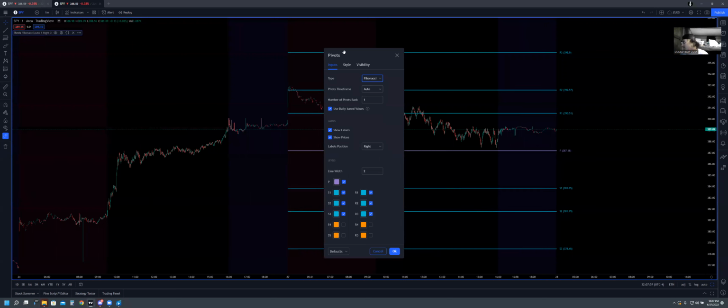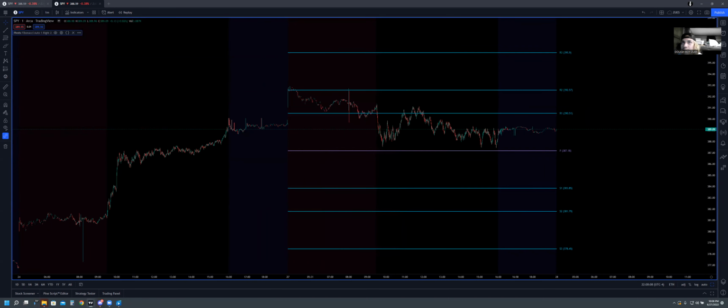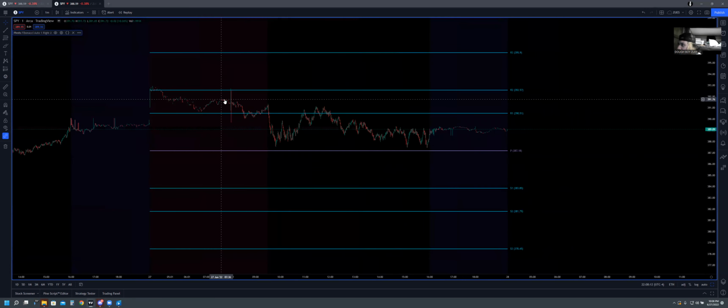I don't know if a lot of you are familiar with Fibonacci, but this finds you Fibonacci levels, which are good for trading. I prefer the Fibonacci pivots versus the traditional pivots.